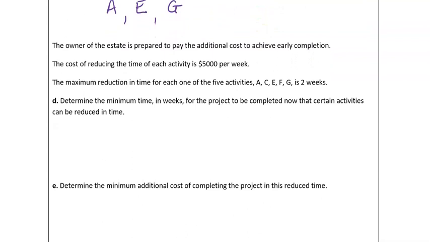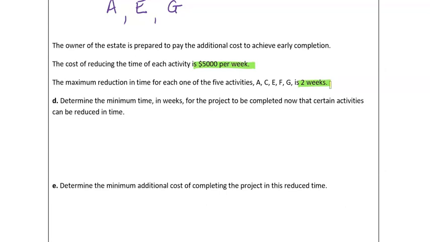So the owner of the estate is prepared to pay an additional cost to achieve the earlier completion. The cost of reducing the time of each activity is $5,000 per week. The maximum reduction time for each one of the 5 activities, A, C, E, F, and G, is 2 weeks. So you can reduce it by 1 or 2 or 0. Determine the minimum time in weeks for the project to be completed now that certain activities can be reduced.